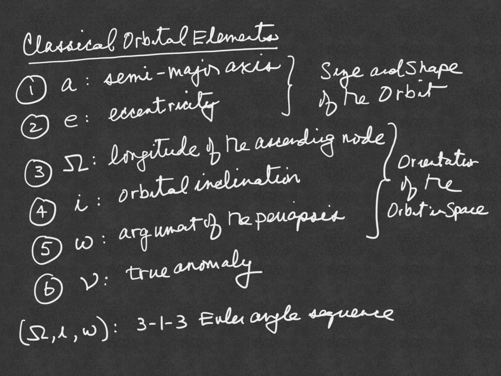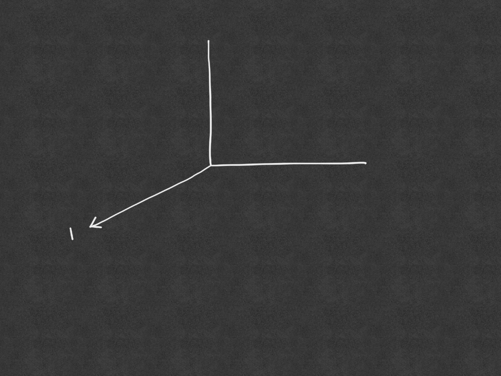So these are the 6 orbital elements, and now we're going to provide a little bit more of a description of what these orbital elements actually look like by imposing on the diagram the angles to be able to show what this information looks like geometrically. So here's more geometry of the orbit in space. So once again, we have these directions Ix, Iy, and Iz. And here's our orbit.